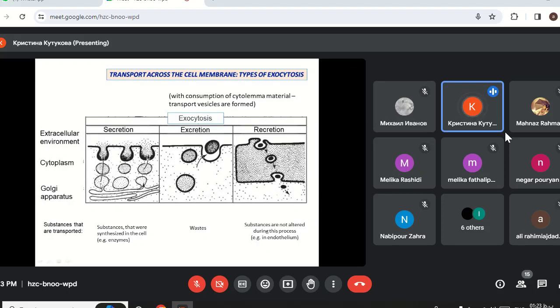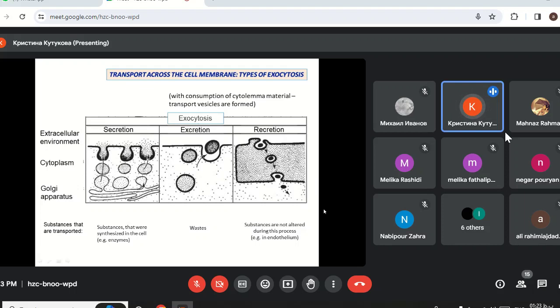So first the vesicles are formed which contain those enzymes, then the vesicles go towards the surface of the cell, then they fuse with membrane and release these enzymes outside. This is the secretion. Excretion is for removal of wastes of the cell, something bad that should be removed.